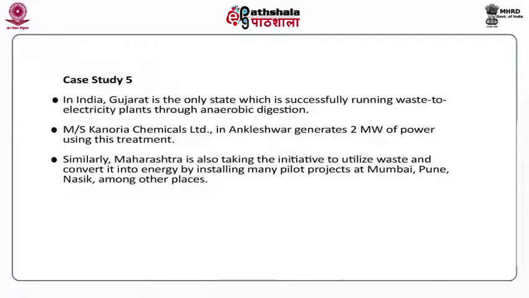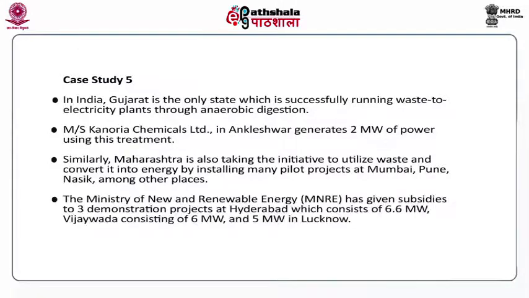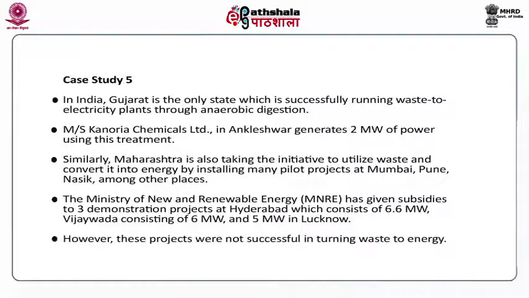Similarly, Maharashtra is also taking the initiative to utilize waste and convert it into energy by installing many pilot projects at Mumbai, Pune, Nasik among other places. The Ministry of New and Renewable Energy, MNRE, has given subsidies to 3 demonstration projects at Hyderabad which consist of 6.6 megawatt, Vijayawada consisting of 6 megawatt and 5 megawatt in Lucknow.